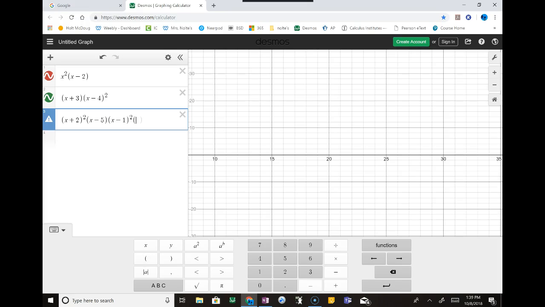And this is going to be crazy. Well, I got a lot of parentheses. No more x's, please. Let's just say plus 3. Okay, so what's my leading coefficient?